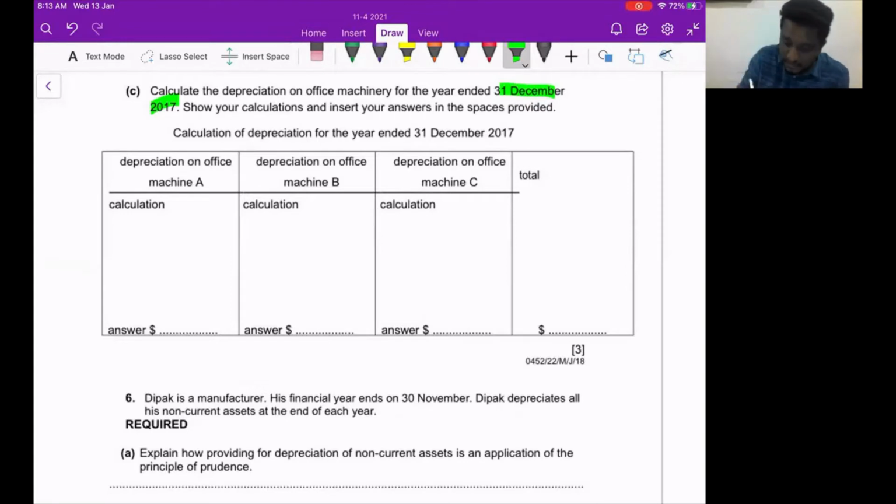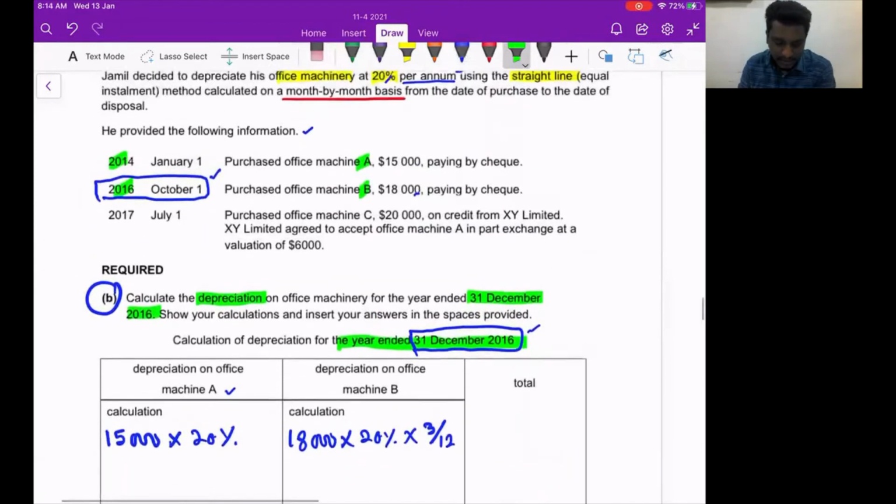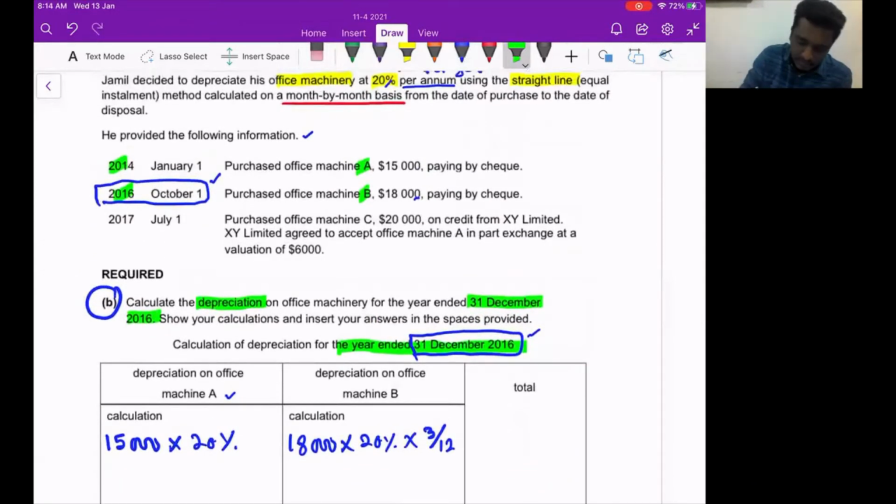Okay, now 2017. What are the assets that you have? We need to check the question. Can we go back to the question? Okay. We read the 2017 July 1. Purchase office machine C, 20,000, new machine on credit from XY Limited.